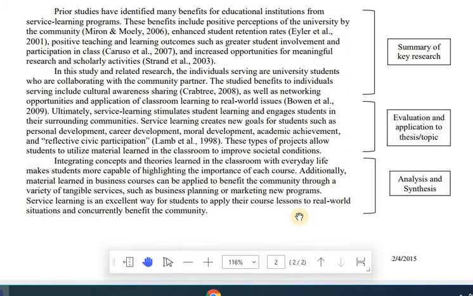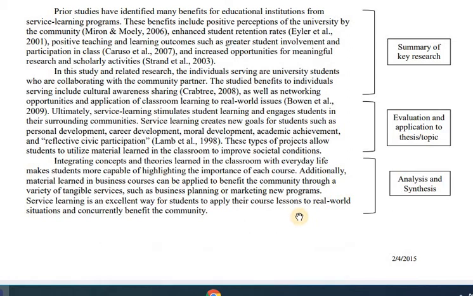Now, there's no need to have a long and detailed evaluation. It's enough to have one sentence for analysis, one sentence for evaluation to show where you stand and what your attitude is toward the issue. That's why you should use here an attitude marker.